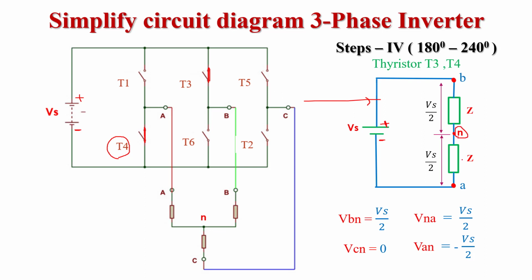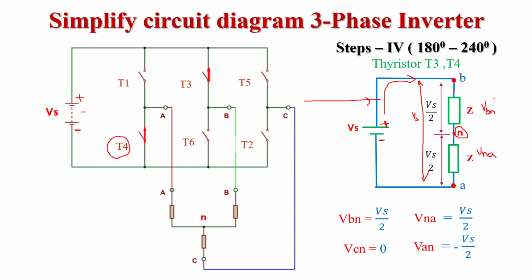And here we see both the impedances are equal. If current flows in this direction, the total voltage across the load is Vs, and this Vs voltage is divided into two parts, Vs by 2 in the upper part and Vs by 2 in the lower part. So the voltage VBN this time equals VNA.